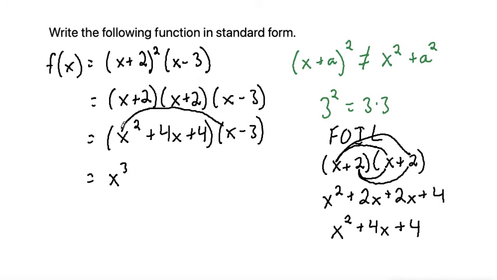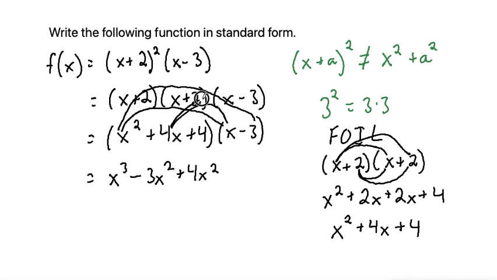Next we can take that x squared and multiply it by the minus 3. So a positive times a negative is a negative, so we're going to have a minus here. And then 3 times x squared is 3x squared. So that is the first term in the first parentheses multiplied by every term in the second parentheses. Now we can move on to the 4x. So the 4x times x is plus 4x squared.